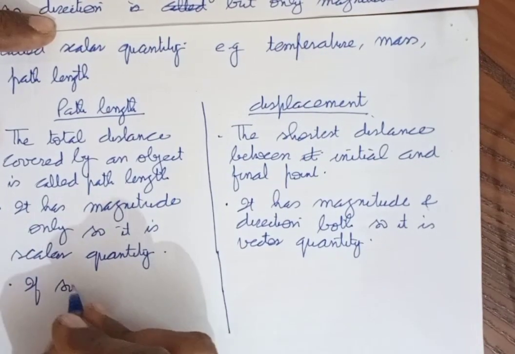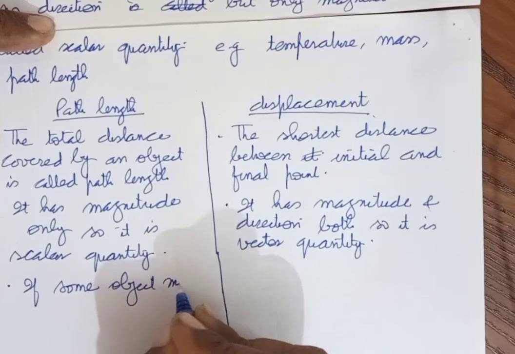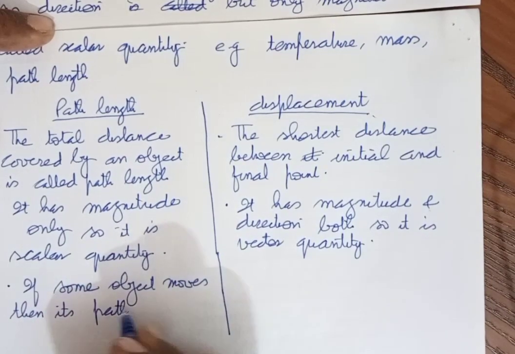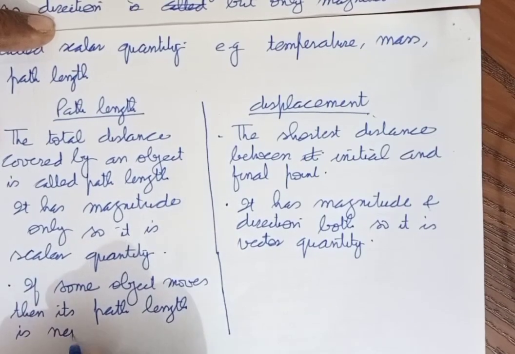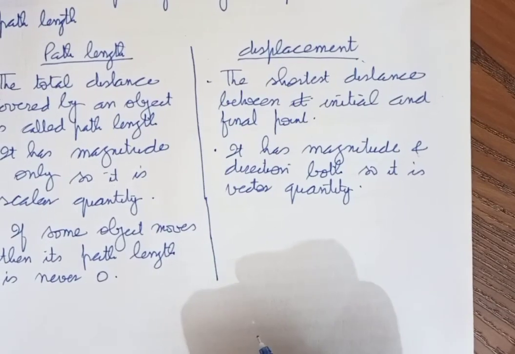If some object moves, then its path length is never zero. Its path length cannot be zero because it has moved.